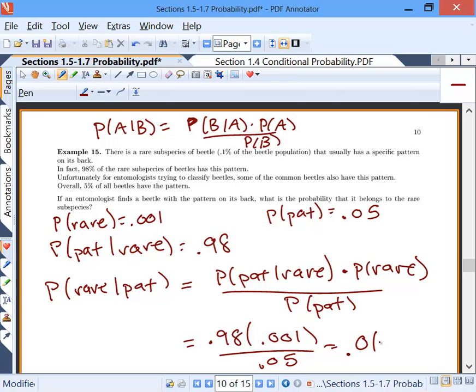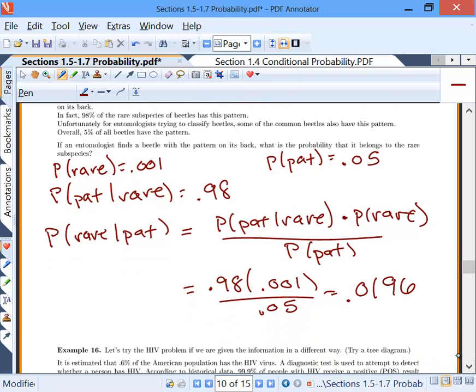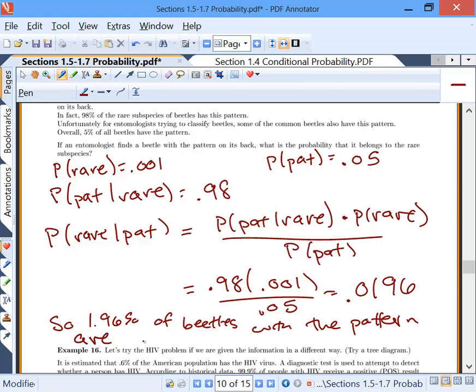So it's 0.0196, so 1.96% of beetles with the pattern are rare.